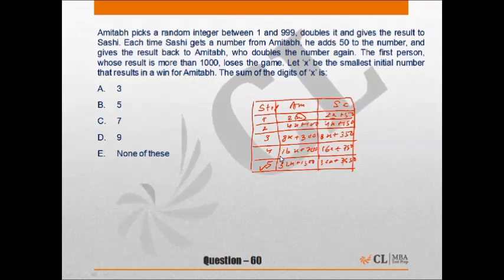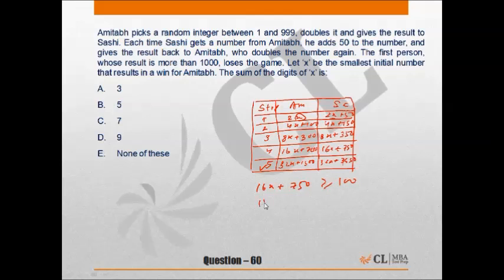We also know that Amitabh wins the game, so the game should come to an end in the fourth step only with a win for Amitabh. It means 16x plus 750 has to be more than 1000.